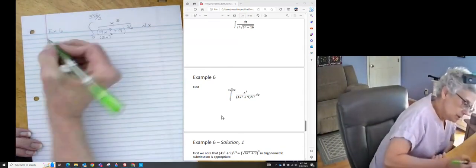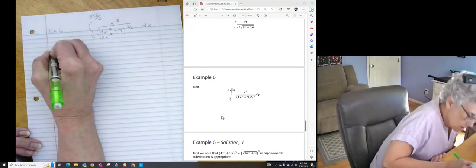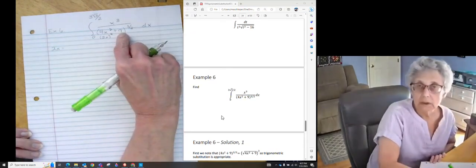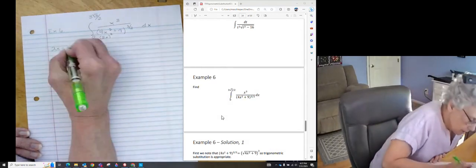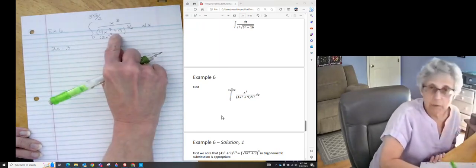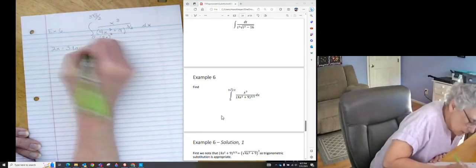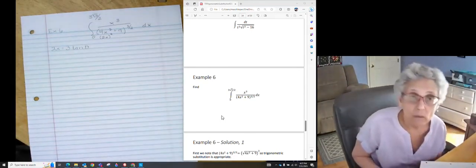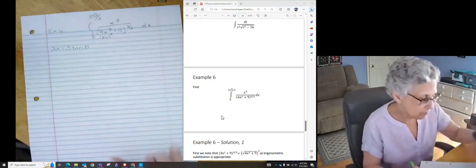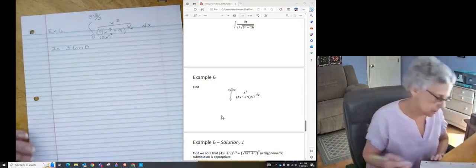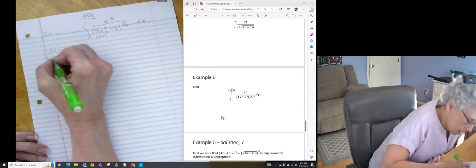What I generally do is I say that 2x is equal to the square root of 3 squared, I have a plus sign, tan theta. And that way I can just avoid having to u substitute and trig substitute in the same problem.